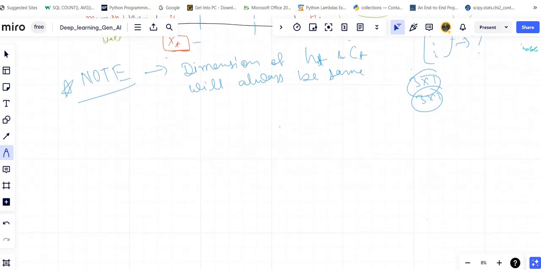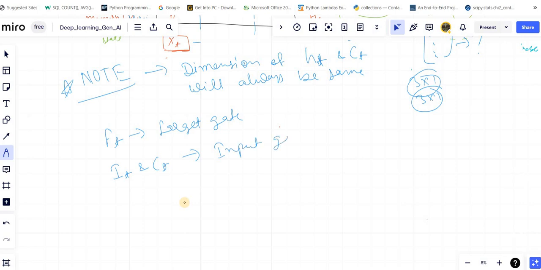Okay. And when I'm saying ft, this is the forget gate output, and this it and ct is called the input gate output, in which this ct is actually the candidate gate, and ot is called your output gate.